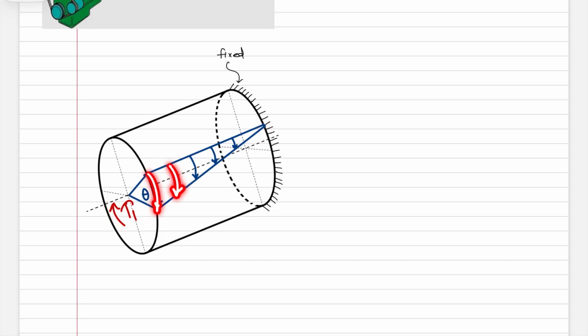And along this axial line that I've shown, these arrows represent how much rotation is happening. So this is one way of modeling the shaft as it deforms under torsional loading.